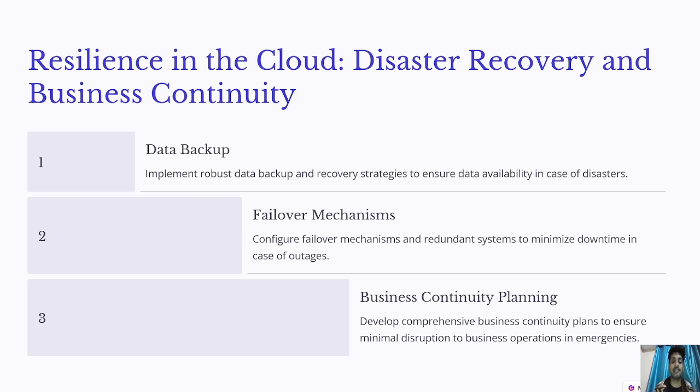Resilience in the cloud, disaster recovery, and business continuity. What recovery normally means is, consider there's a disaster like loss of data, a server crash, or some software or online disaster. It always stores a backup of the files that we've stored.